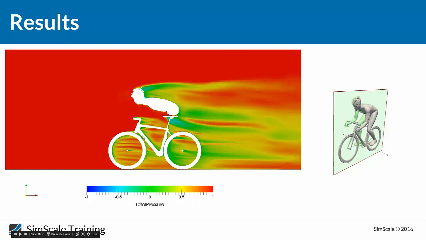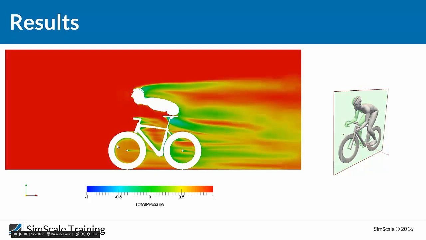Also the wake created behind the tire is really remarkable. But if we jump to the large tire, we can see that the flow is smooth, and there is not as much flow separation as in the previous designs, and it's really important to ensure the performance of the cyclist.